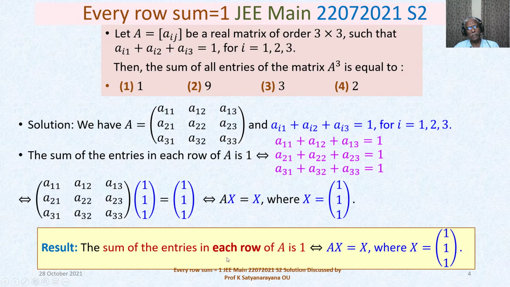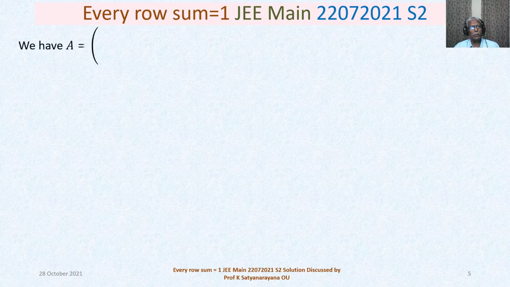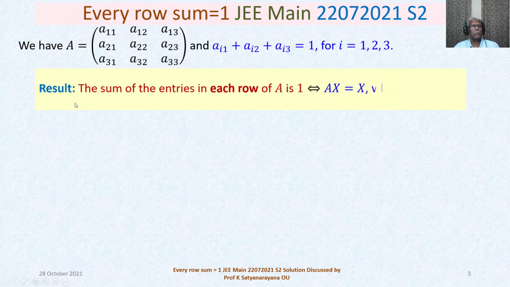So this is a necessary and sufficient condition that we have derived. So we have this matrix where every row sum is 1. Then we proved this result: the sum of the entries in each row of A is 1 if and only if Ax is equal to x, where x is the column vector 1, 1, 1.